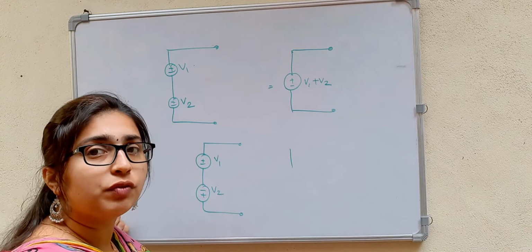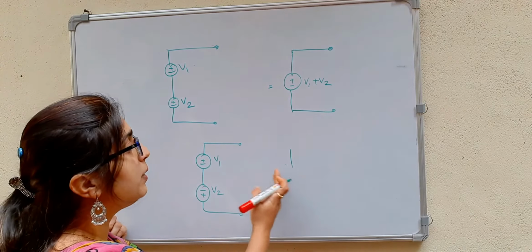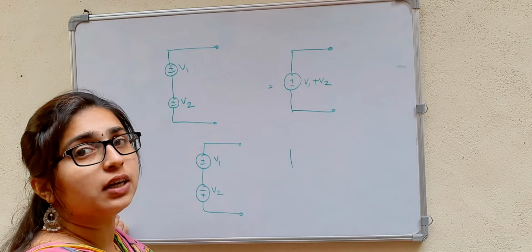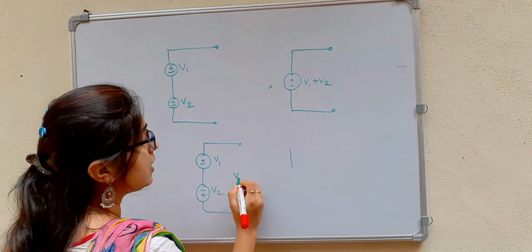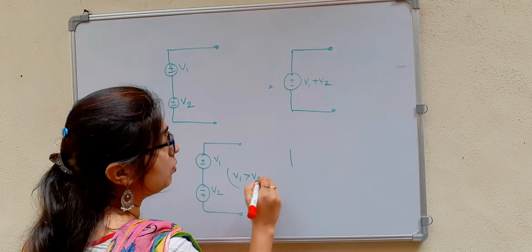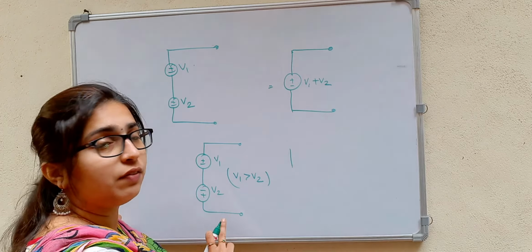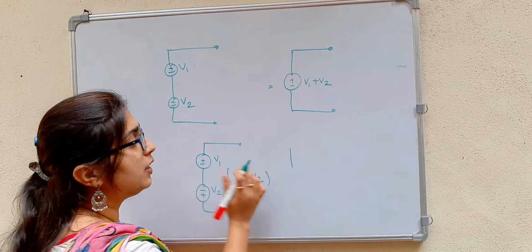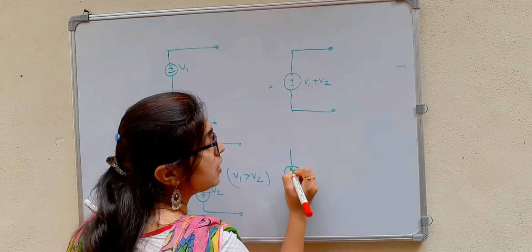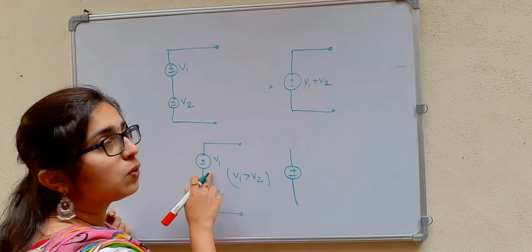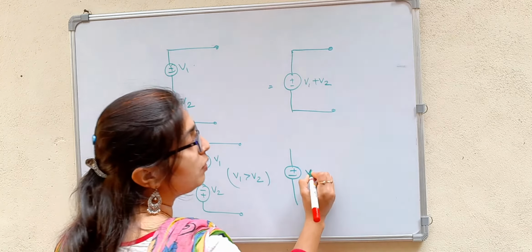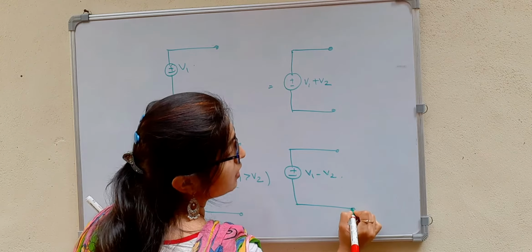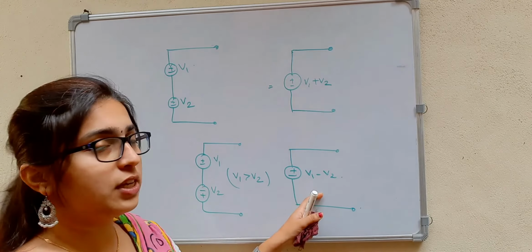The polarity of the equivalent voltage source will be equal to the polarity of the voltage source having the greater value. Let us consider V1 is greater than V2, which means V1 has the higher polarity. So I will consider the polarity of the equivalent source equal to that of V1, and the value will be V1 minus V2. So this is the equivalent voltage source.